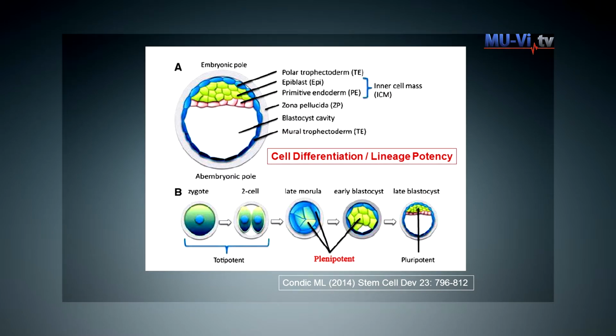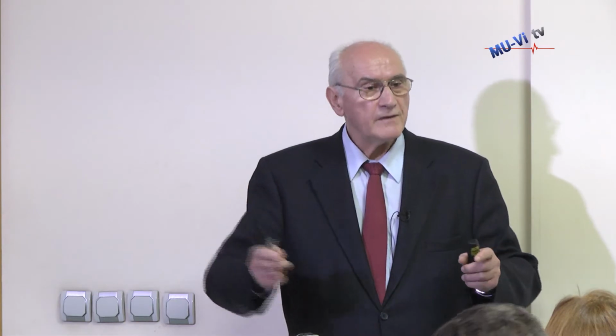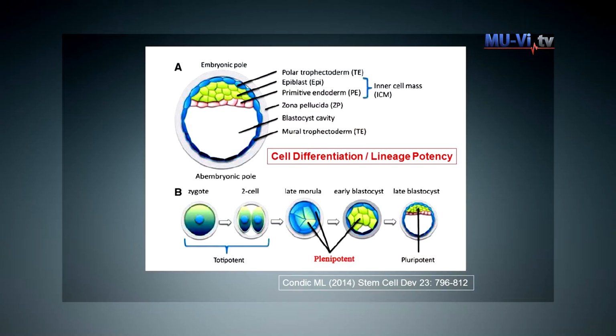After the further division, the late morula and early blastocyst cells are called plenipotent. What does plenipotent mean? Plenipotent means that these cells can build exactly the same cells which are built by the totipotent cells. But these cells no longer have the possibility to construct a whole organism. We have all cell types, but they cannot build an individual.